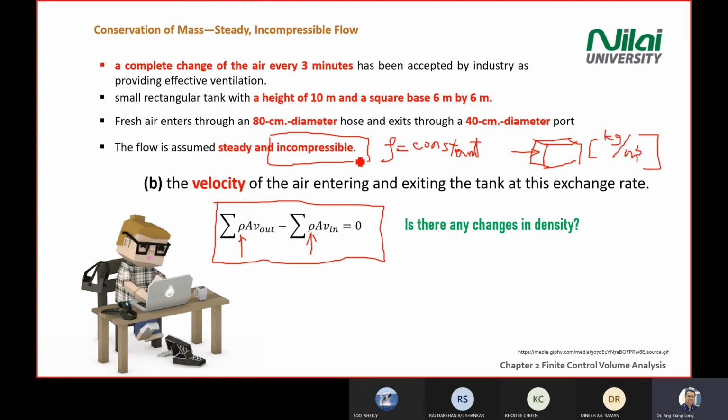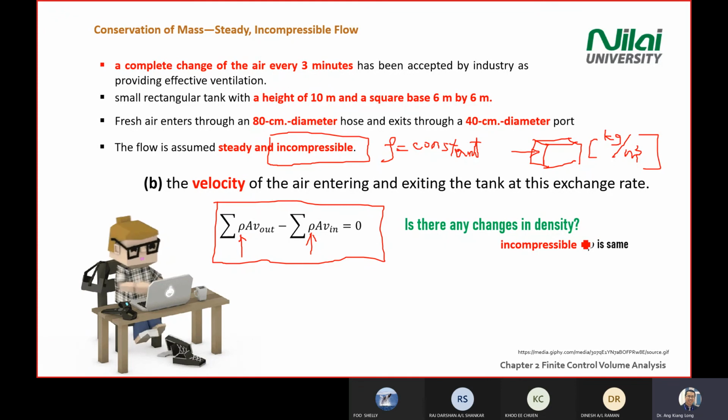If your fluid, if your air, if your flow is not able to compress, your mass is not going to change. Your dimension is not able to change because you're not able to compress it. So no deformation happens. Okay, so incompressible would help you to define.